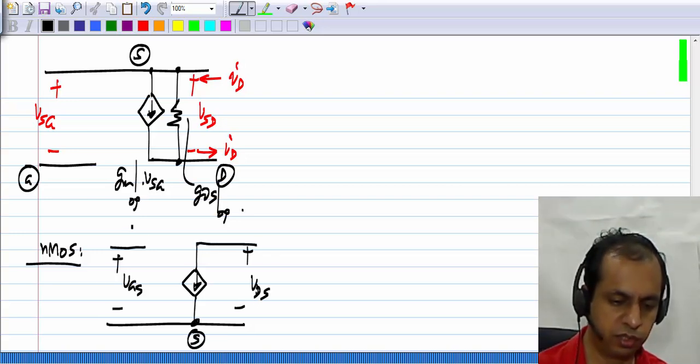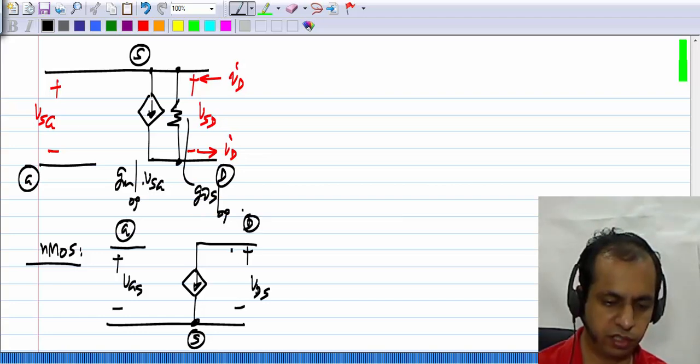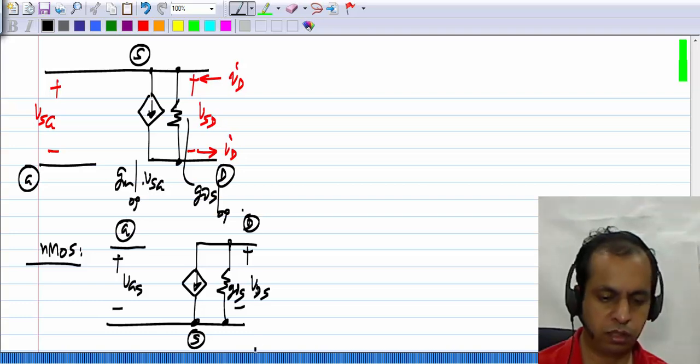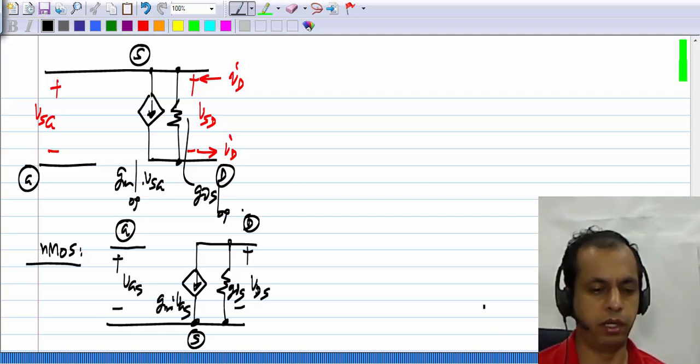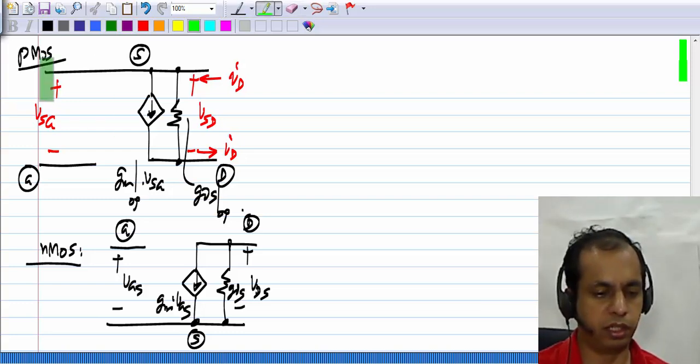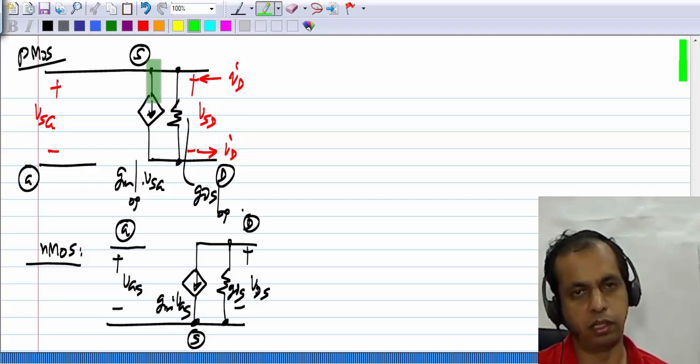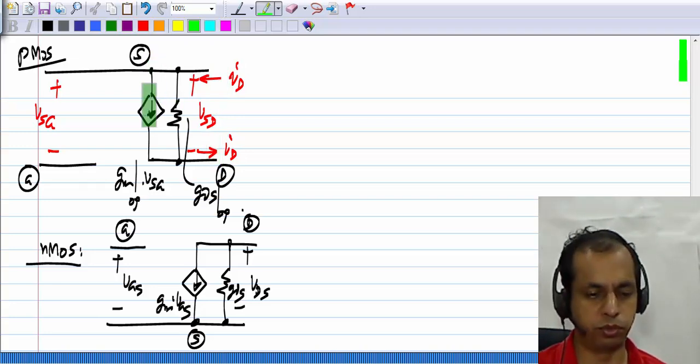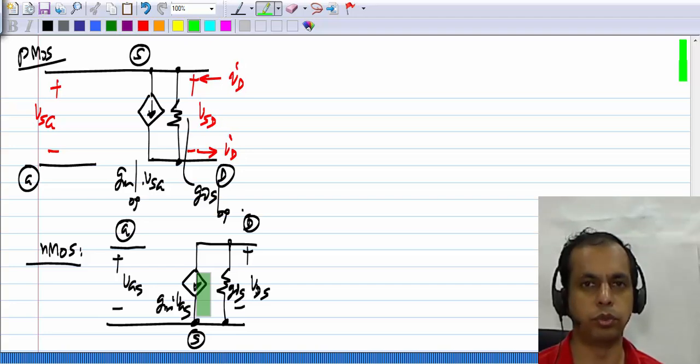This is the source, this is the gate, this is the drain, this is gds, this is gm times VGS. Whereas this is the model for the PMOS transistor. It is written in terms of VSG and VSD, and the incremental current source points from source to drain instead of from drain to source.